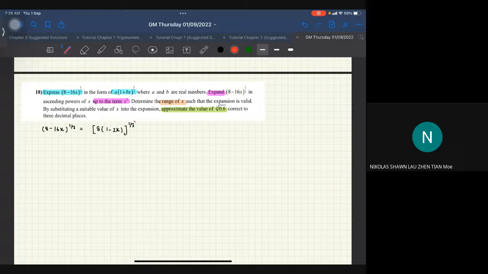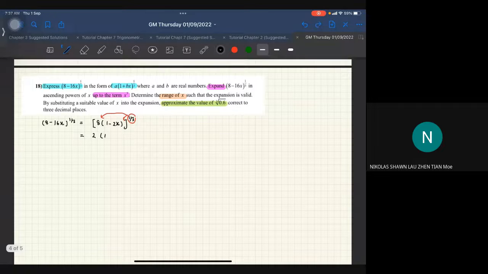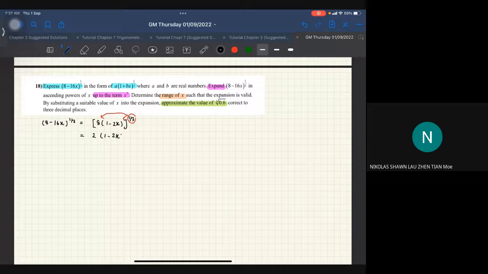So sekarang barulah kita boleh buat yang ini masuk ke dalam, yang ini dapat 1. Okay, so you get 8 power of 1 over 3 is equal to 2. And then 1 minus 2x kuasa 1/3. Okay, so dah settle dalam bentuk yang kita nak. So A kita adalah 2, B kita adalah negative 2.